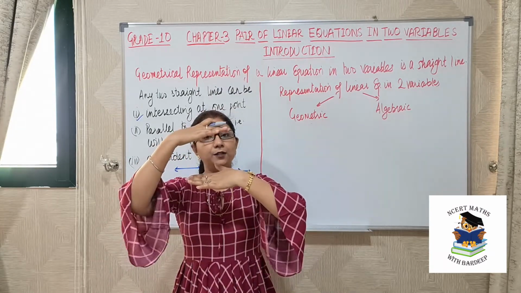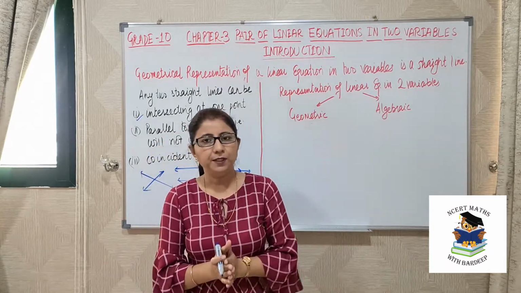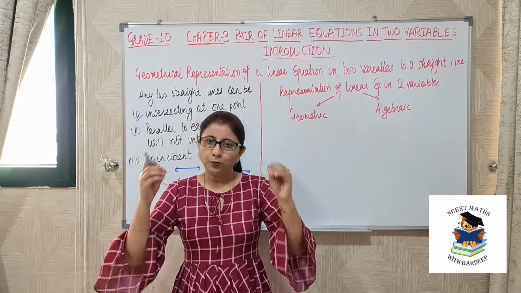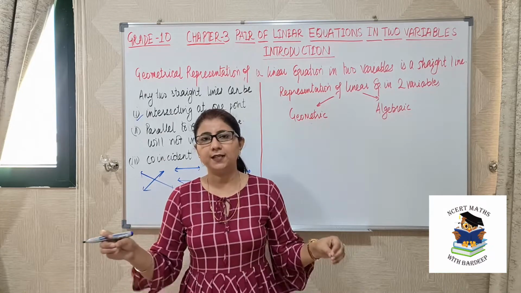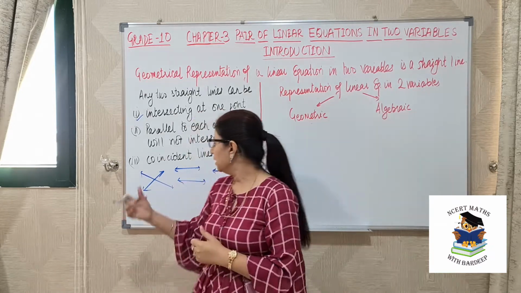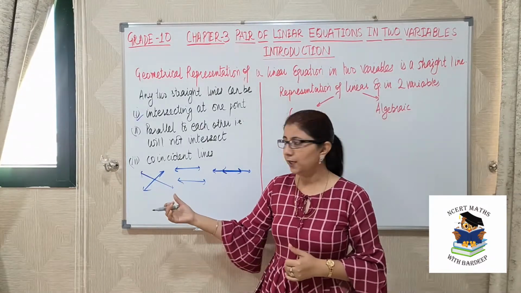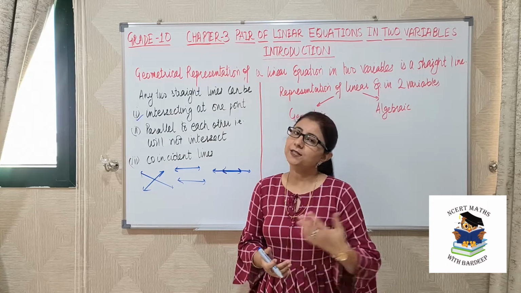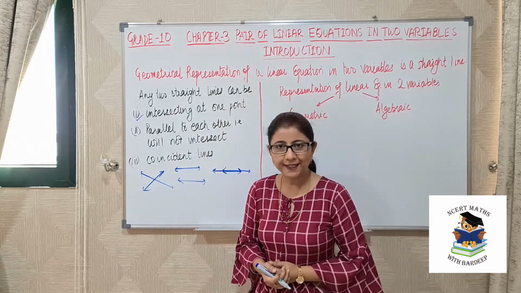Second is they are parallel to each other, that is, they will never meet or never intersect. And the third category is both lines coincide, that means they will merge into each other. That type is coincident lines. So these three will have three different types of solutions that we will discuss in our next topic.